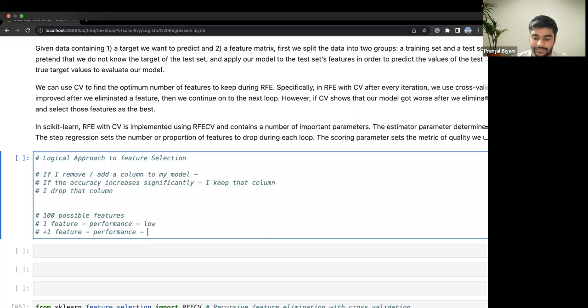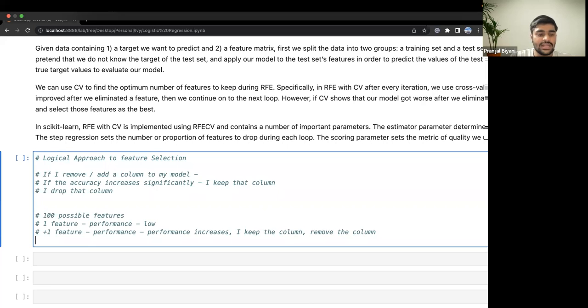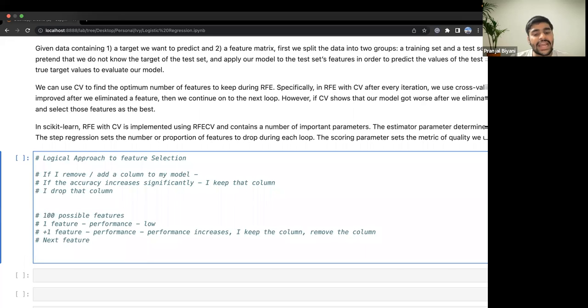So if the performance increases, I keep the column. Otherwise, I remove the column. Then I try with the next feature. So after trying out all the features, I will keep only those columns that are significantly adding to my performance, to my accuracy measure. Is that clear, everyone? Any questions here?